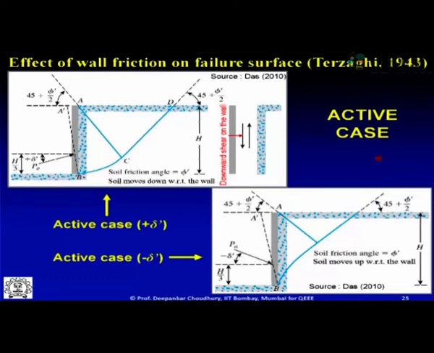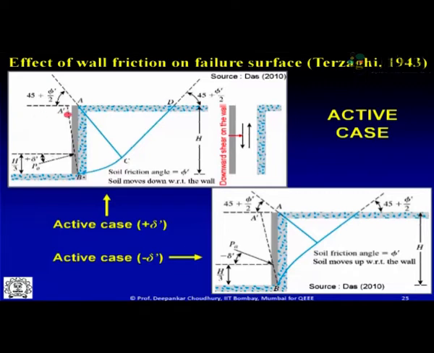Now let us come back to the slides where we were mentioning how the angle of wall friction influences the movement of wall and soil with respect to each other. So Terzaghi, as I said, in 1943, gave a detailed explanation of how and why it happens.